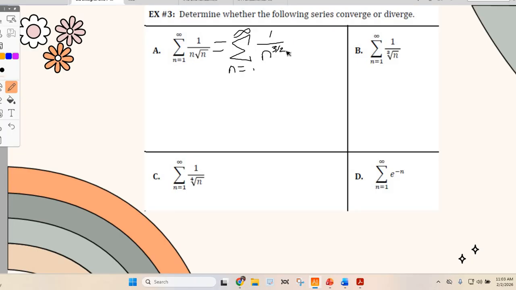So is that a p series? Yes. Okay. P is 3 halves. So it's a fraction. Does that mean it diverges? Do all fractions diverge? No, because 3 halves is also greater than 1.